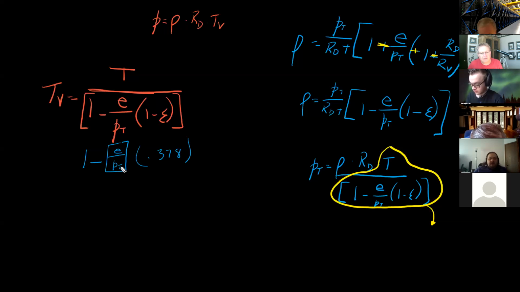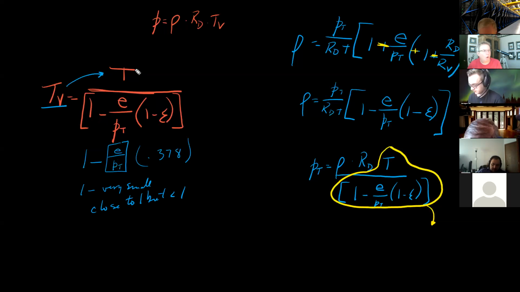So this is a very small number, and this is 1 minus a very small number. That makes this close to 1, but less than 1, right? Which means this value with the denominator less than 1 is going to be slightly more than... Right.